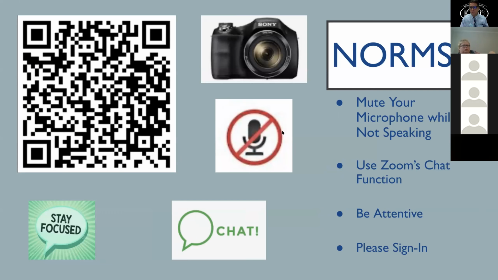So just quickly to run back through those norms: mute your mic, use your Zoom chat, be attentive, please sign in using the QR code. Those are all part of what we are doing when we're teaching our students how to be a good Zoomer, be a good virtual student, or be a good virtual teacher.